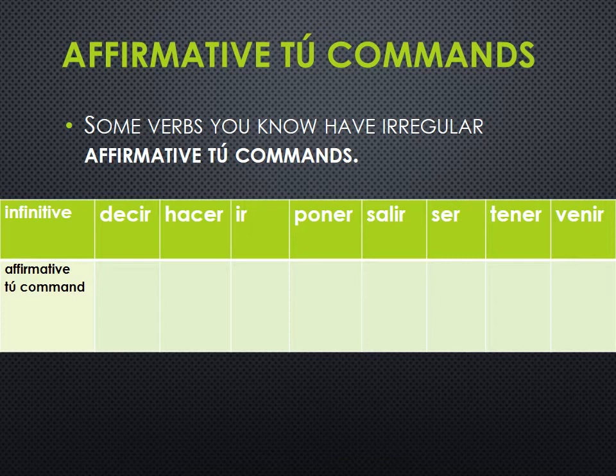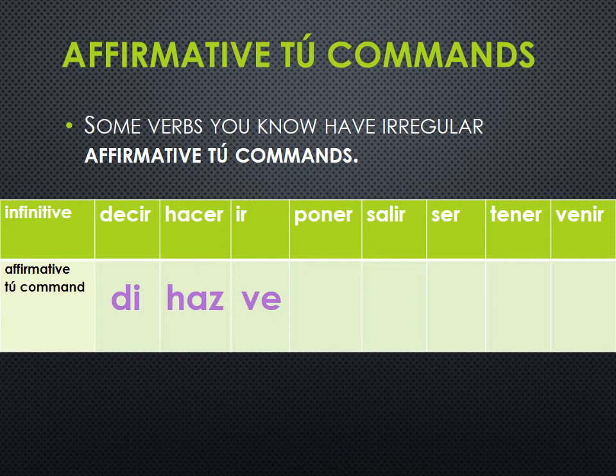Okay? So if I wanted to tell somebody to say something, I would say di. Okay? Di. Hacer, the command for hacer is haz. Okay? The command for ir is ve. Okay? So we have say, do, and go. Di, haz, ve. Okay?